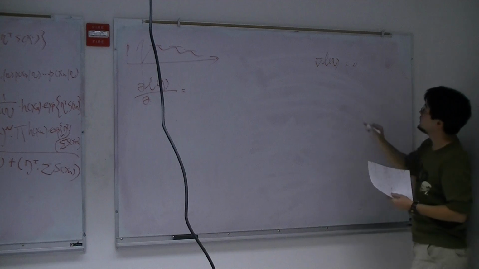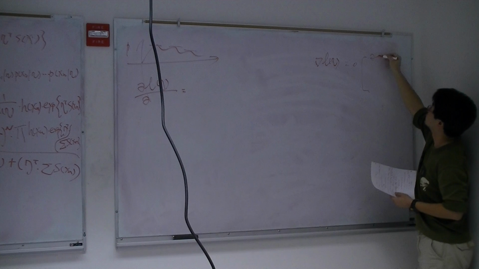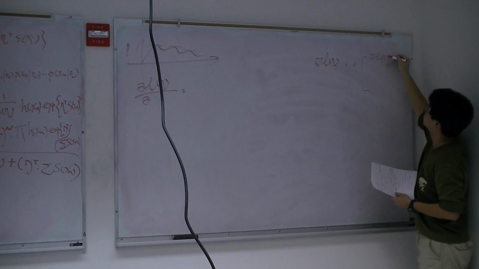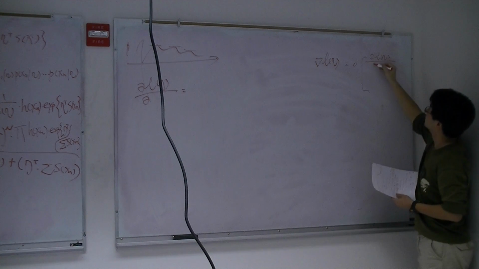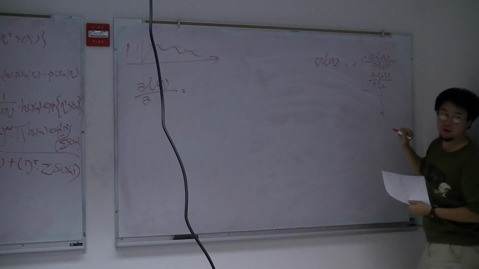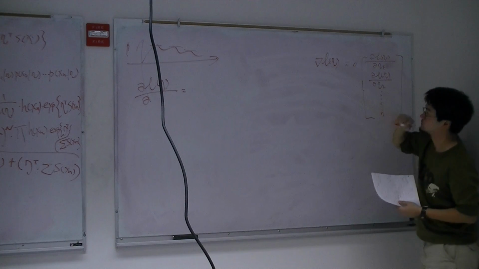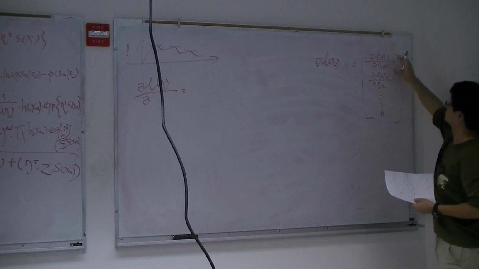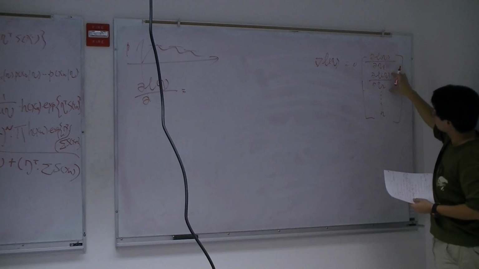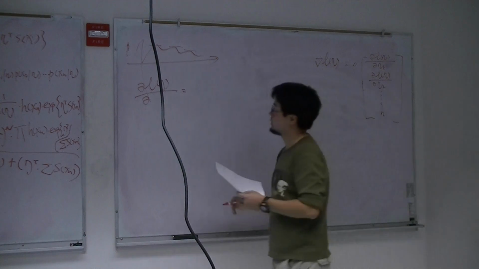This gradient is just the partial derivative with respect to the first component, then the second component, and so on up to the nth component. This is the gradient. So we just pick one component to compute, and the rest is the same.